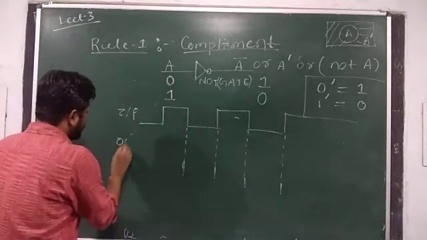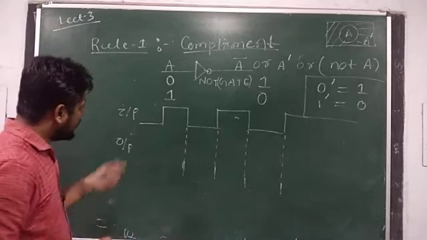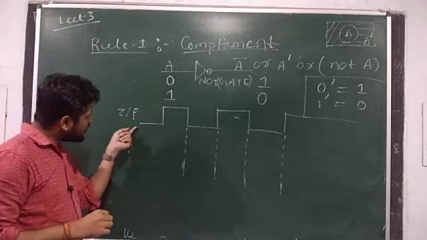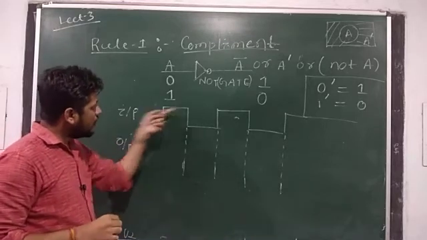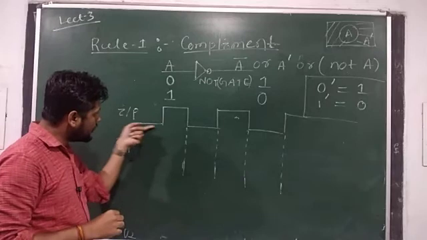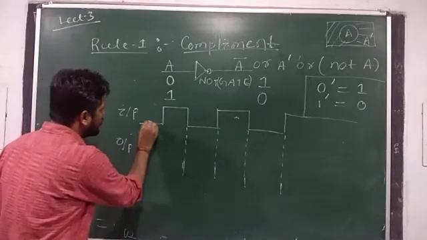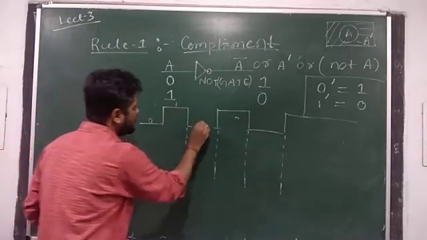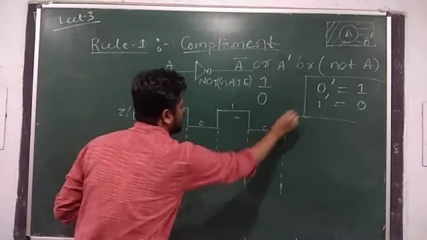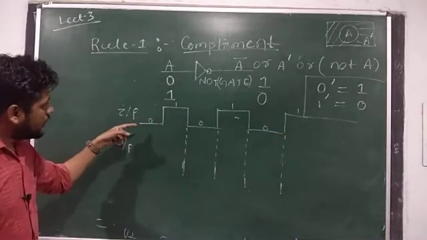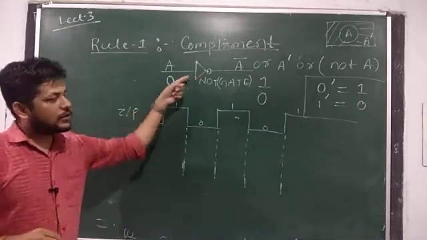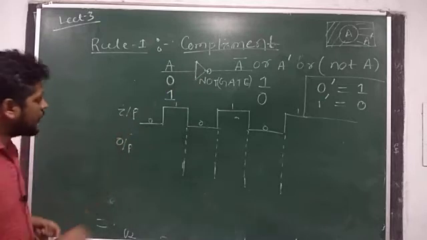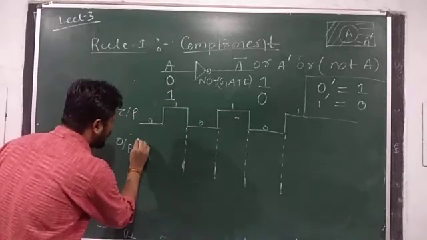Here this is the lower level and this is the highest level. The lower level is known as 0 and the higher level is 1. Similarly, this is 0, 1, 0, 1. So if I apply 0 to this NOT gate, the output will be 1.